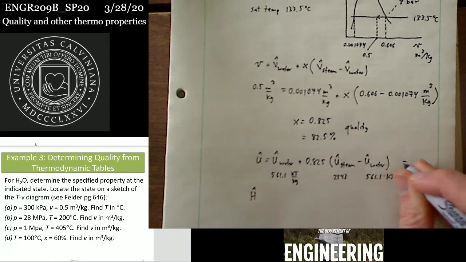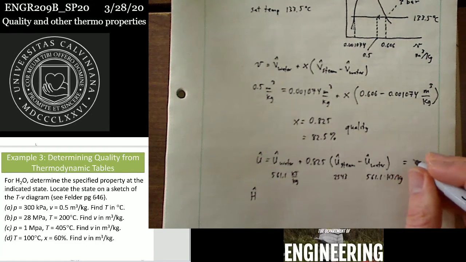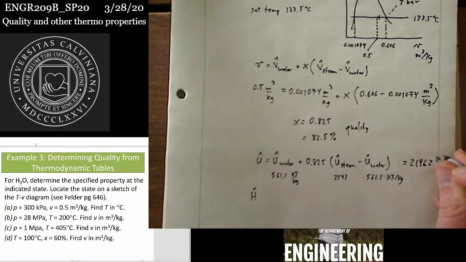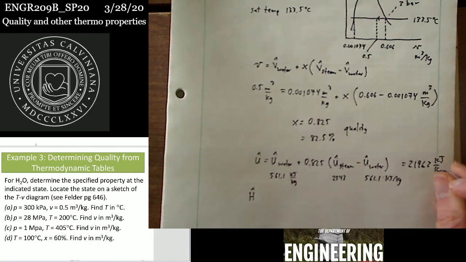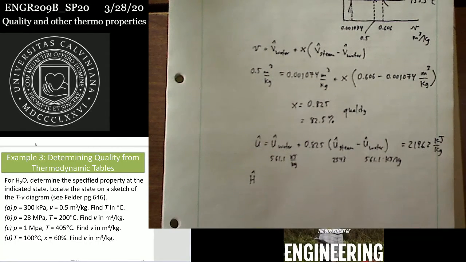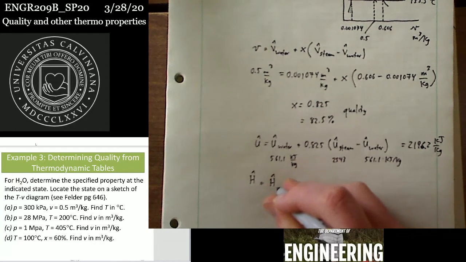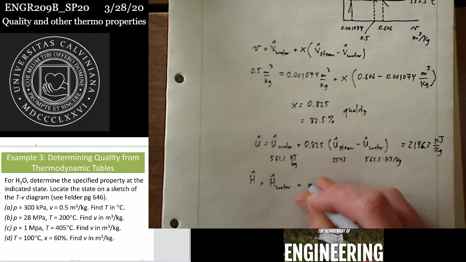So this ends up being 2196.2. And here we've got the H, the specific enthalpy of water, plus again our quality of 0.825.